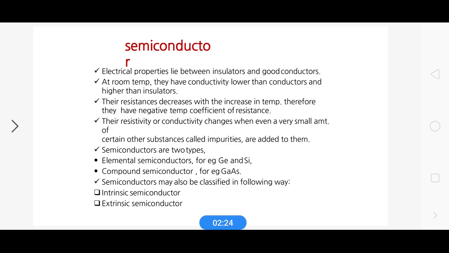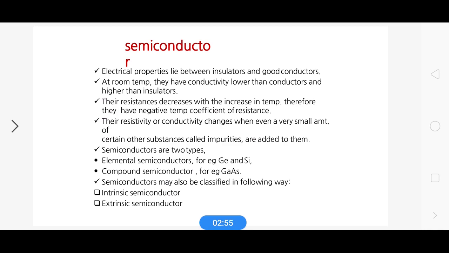The resistivity or conductivity also changes when a small amount of substances is added to the semiconductor. As the temperature increases, the conductivity increases and the resistivity decreases.